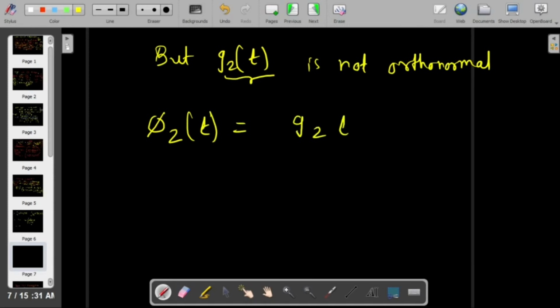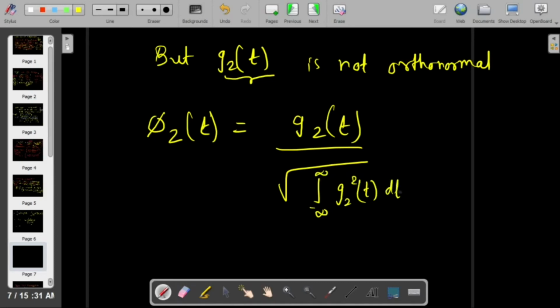It's nothing but G2(t) divided by its energy, and we know how to find the energy from our previous videos. Now let's calculate the energy of G2(t), so that we can get phi 2(t).